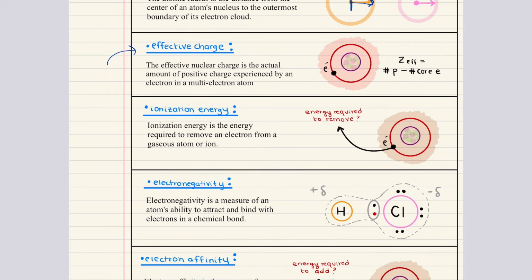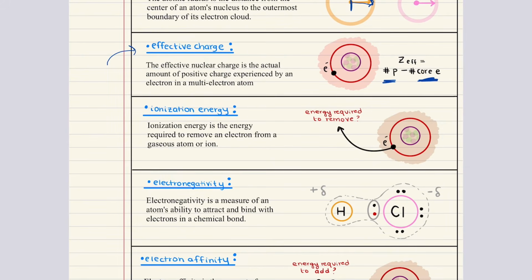This is going to be a refresher because we already talked about it, but effective nuclear charge is the actual amount of positive charge that's experienced by an electron in a multi-electron atom. It is the charge that's felt by an electron when both the actual nuclear charge and the repulsive effects of other electrons are considered.